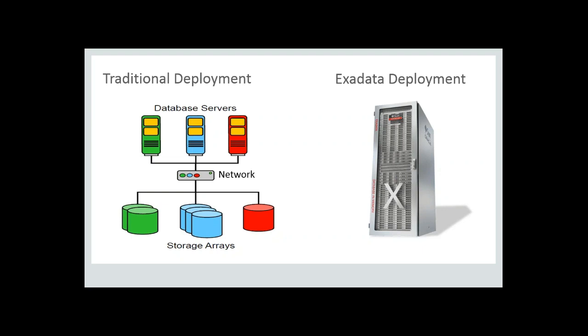But in case of Exadata, since the complete machine is shipped by Oracle itself, there is only one point of contact to get all your problems resolved. You have to raise an SR only with Oracle for all kinds of problems, whether related to storage, database server, or network. So there is only one point of contact for any organization for any kind of issue in this complete setup.